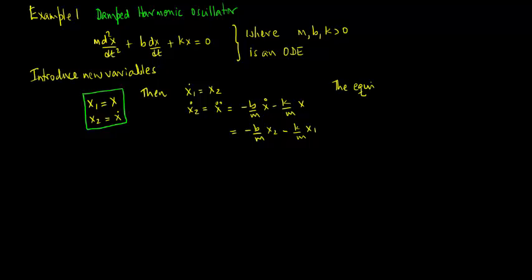The equivalent system then turns out to be x1 dot is equal to x2 and x2 dot is equal to minus b/m x2 minus k/m x1.